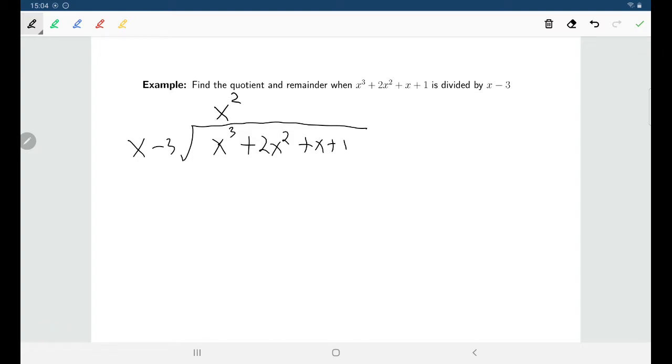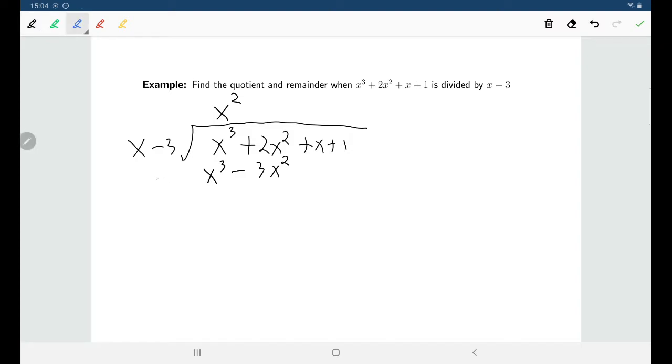Now we'll multiply. We'll be multiplying x squared by the polynomial x minus 3. So x squared times x minus 3 is x cubed minus 3x squared. Just like we did before, after we multiplied, the next thing was to subtract.